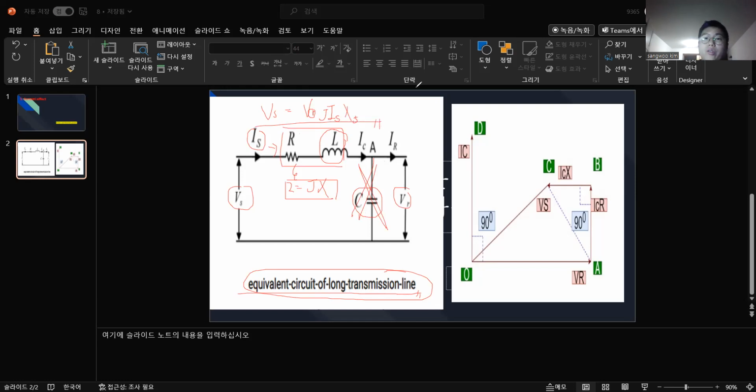I want to show you the drawing first. We need to draw the equivalent circuit.